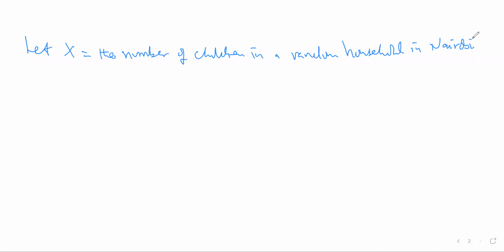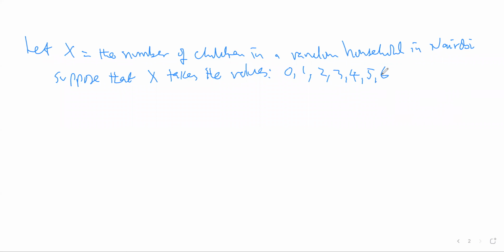Then let us suppose that X takes values 0, the fewest number that can be recorded, or it can be 1, can be 2, let's say all the way up to 6. Suppose those are the possible values that this particular random variable can take.